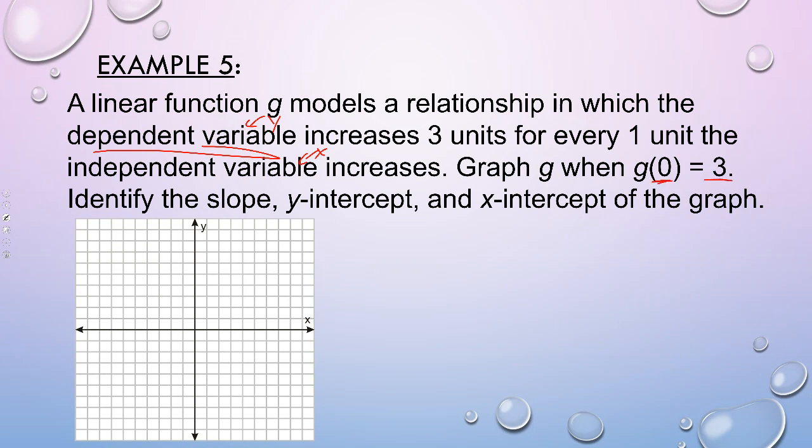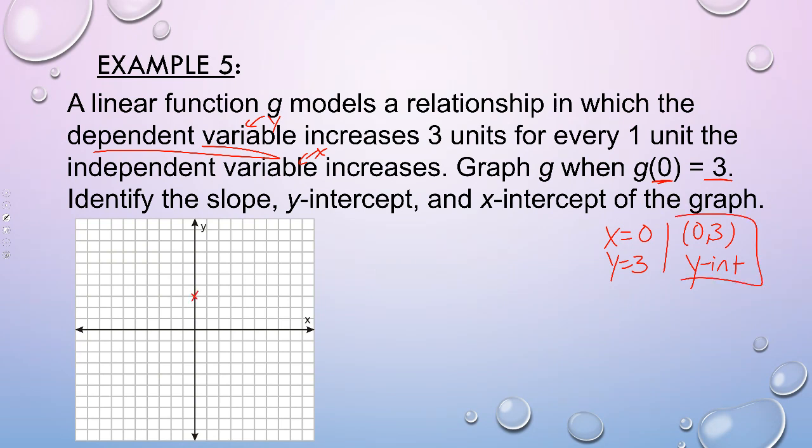So we're combining a bunch of things here. We know g(0) = 3 is in function notation, and that means that when my x is equal to 0, my y is equal to 3. So this is giving me the point (0, 3), which is my y-intercept. So I can go ahead and plot that.